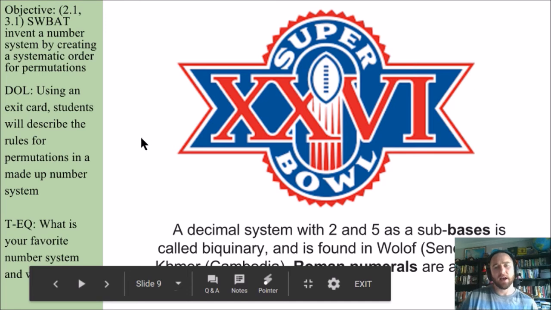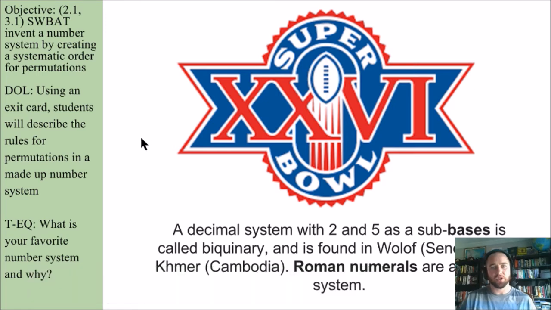A great example of the importance of permutations is in Roman numerals. Roman numerals use a decimal system with 2 and 5 as subbases, so they are trickier than your average number system. These types of number systems are called biquinary, and are found in Wolof, in Senegal, and Khmer, in Cambodia.